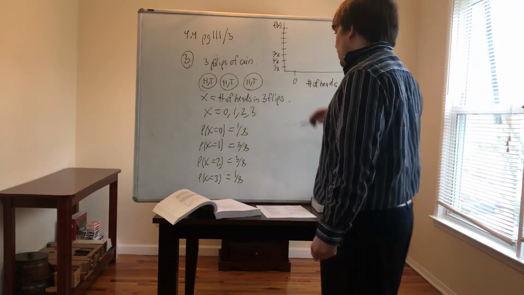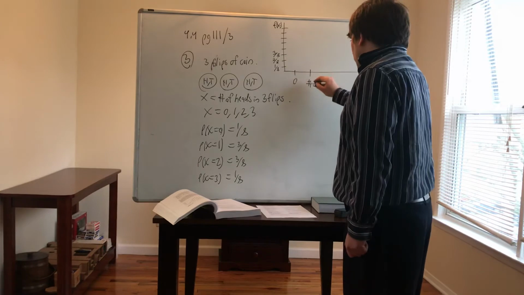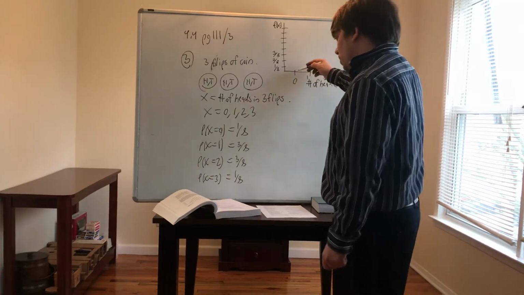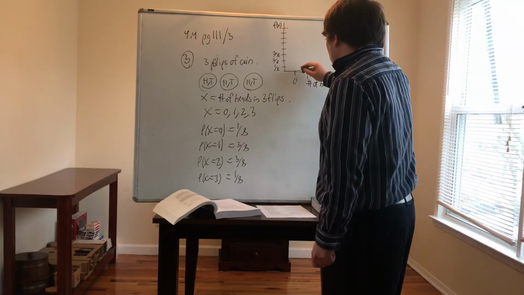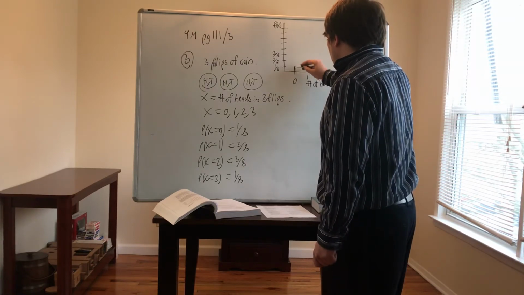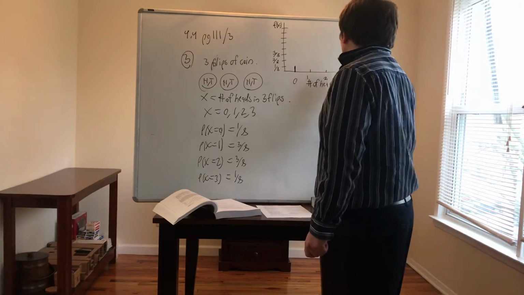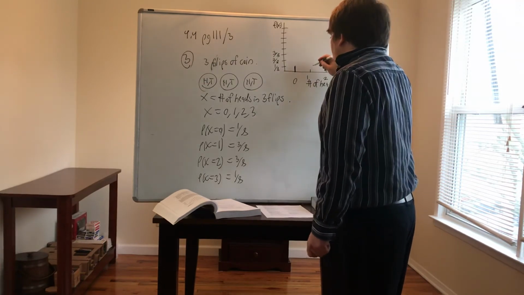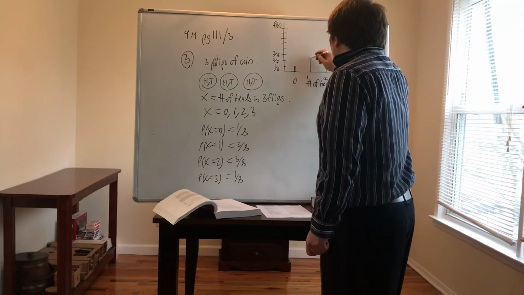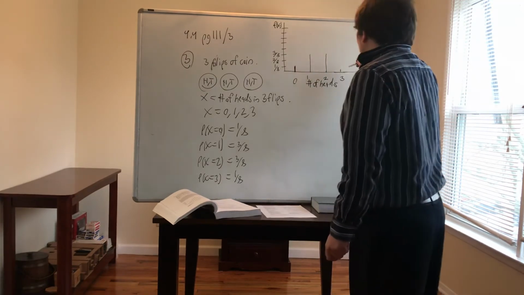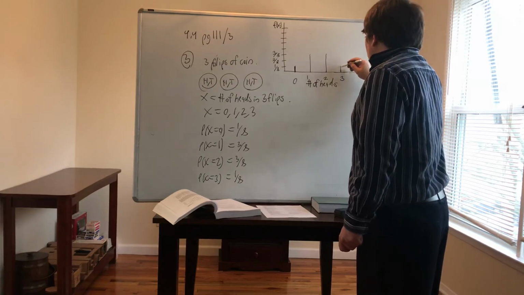Then 0, 1, 2, 3. If there's 0 heads, the bar will go up to 1/8. So 1 is 3/8, 2 is 3/8, and 3 is 1/8.